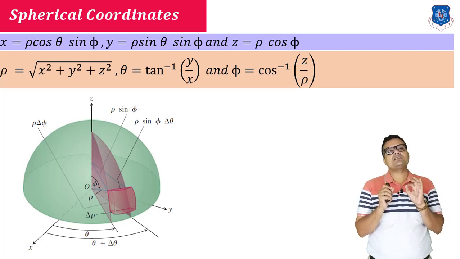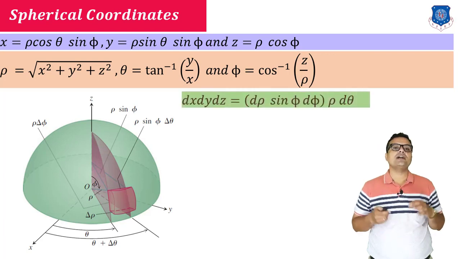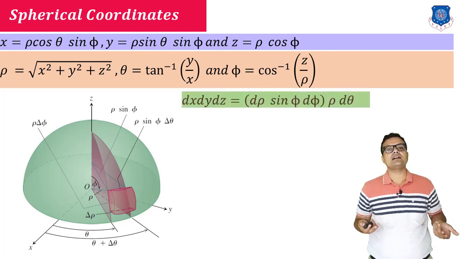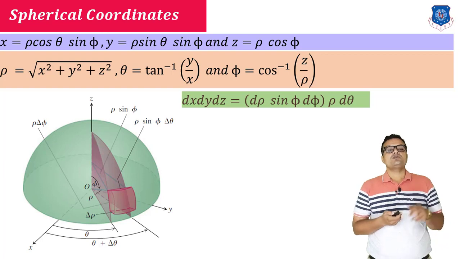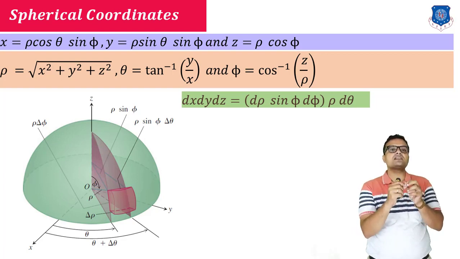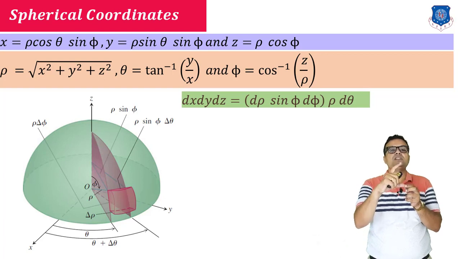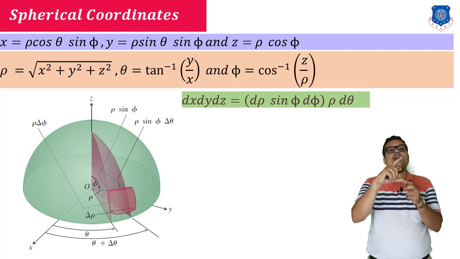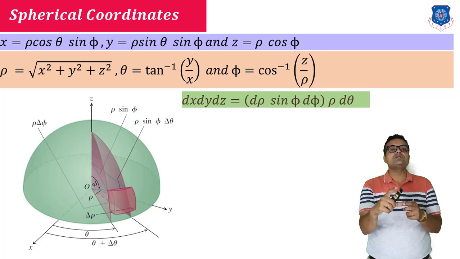Now we need to understand this part very carefully, how this order of dx, dy, dz is generated. I will consider first the value of rho and then d rho. So I am taking a small change which is a radial change, and then I am taking that radial change with angle d phi. That angle d phi is not starting from the zero value, it is starting somewhere in between, so I need to multiply it by sin phi.